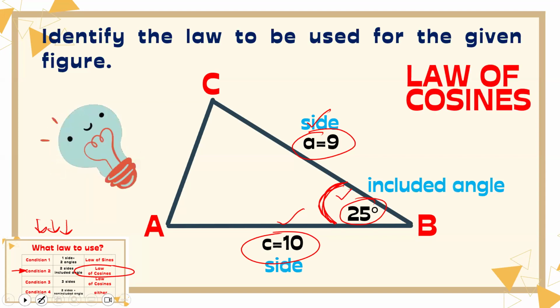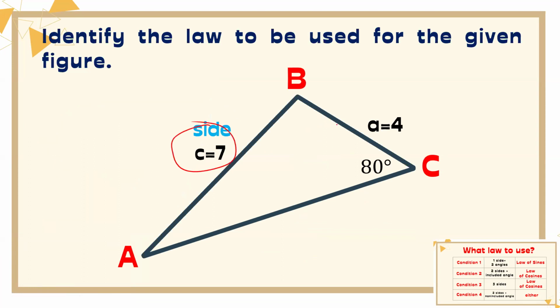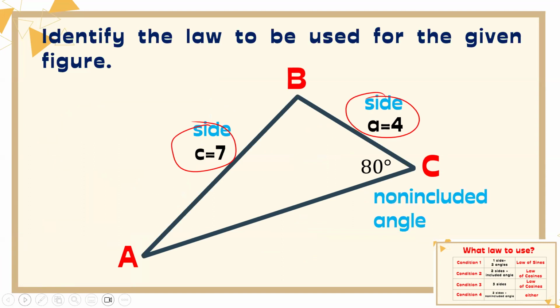So that's the law of cosines. Then for the second example, you have still triangle ABC. So what information is given? We have side c and side a, right? And then we have a non-included angle which is 80 degrees. So by the way, which is the included angle in this particular example? Very good.